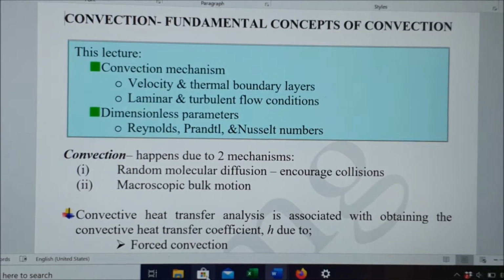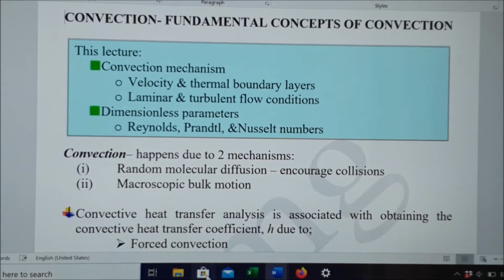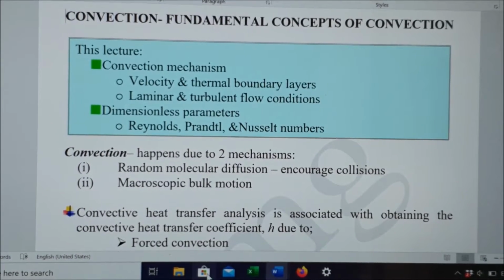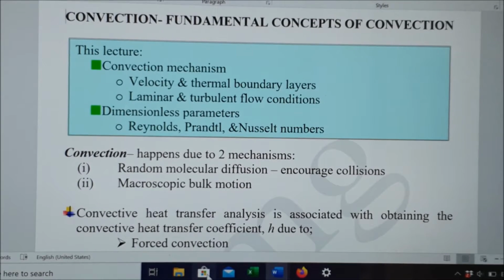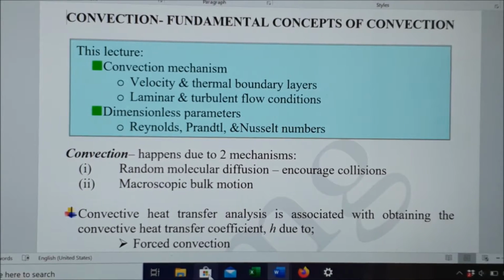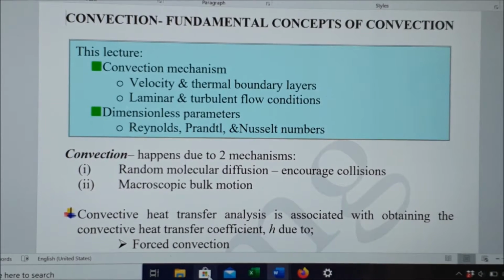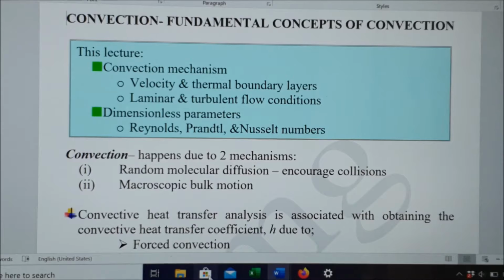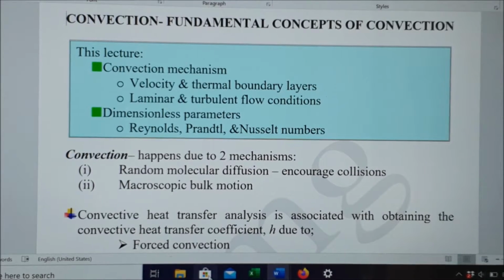All of you have been introduced to the velocity boundary layers for laminar and turbulent flow conditions, as well as the very important Reynolds number. In heat transfer, you'll be introduced to another type of boundary layer, the thermal boundary layer, and two very important dimensionless parameters, the Prandtl and Nusselt numbers.